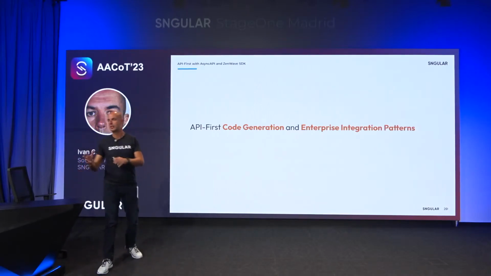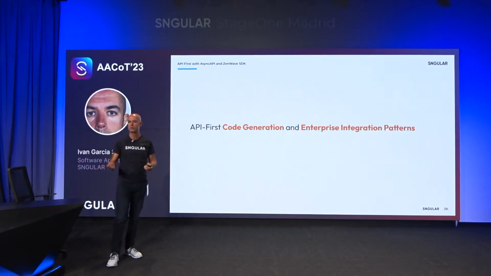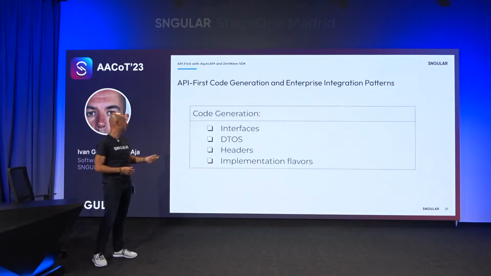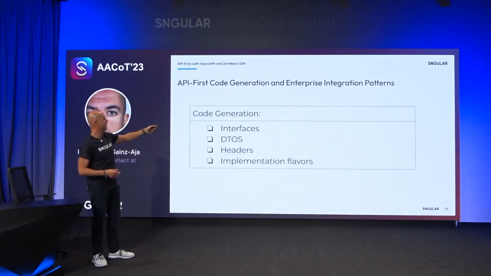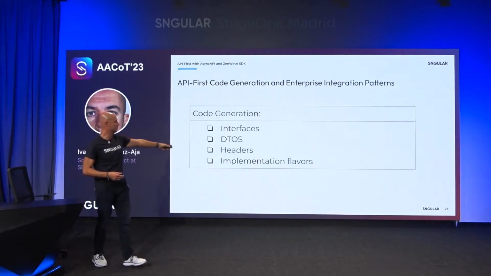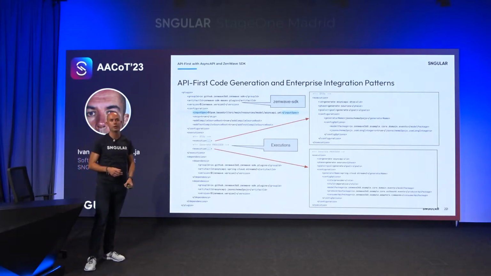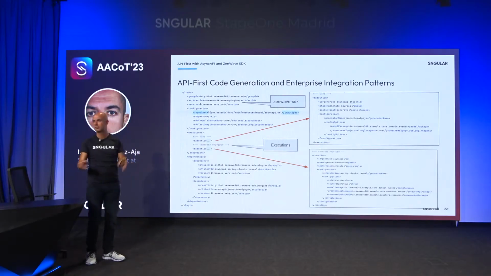So I'm going to show you a little bit of how it looks to generate the code and what integration patterns we support out of the box. So, okay, we generate interfaces, DTOs, headers, and implementations. This is some Maven configuration. Don't worry, this is documented on the website.